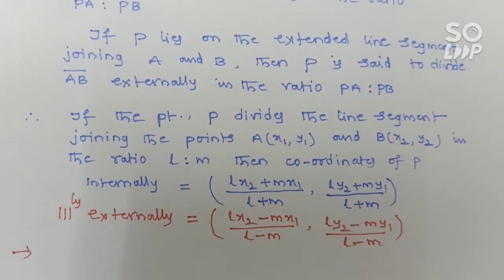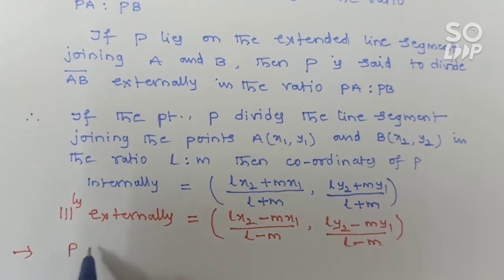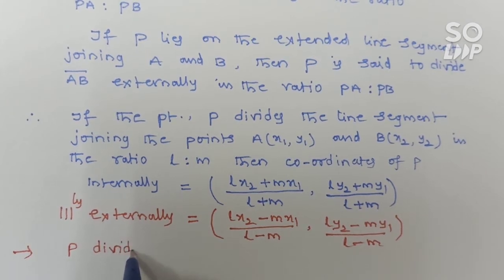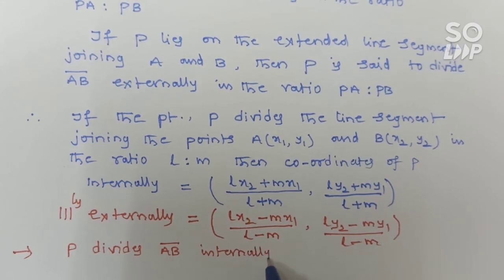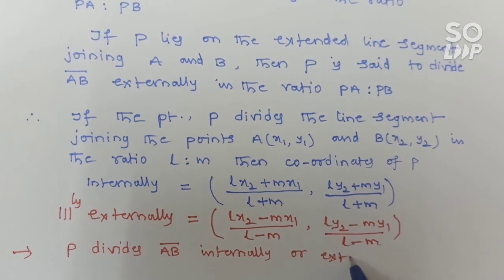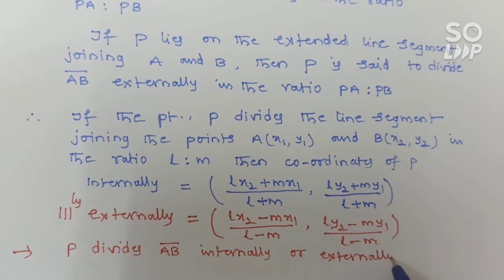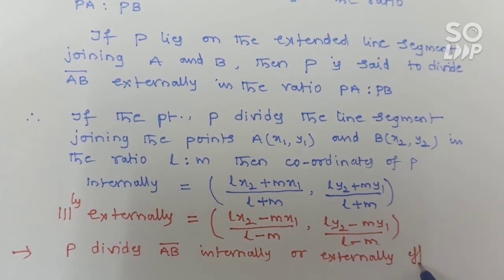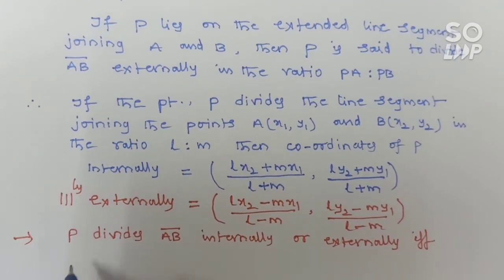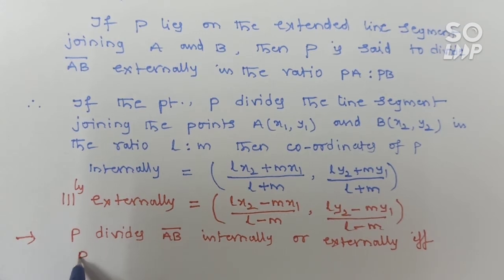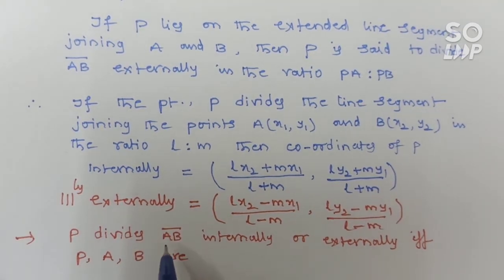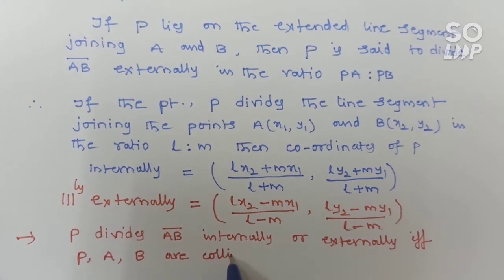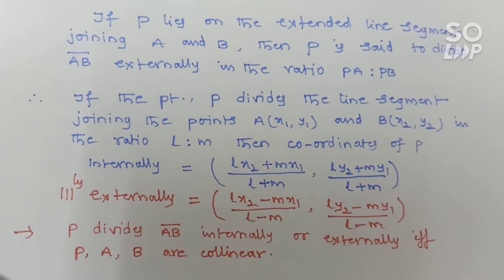So here you write that the point P divides AB internally or externally if and only if P, A, B are collinear. So this is the most important condition.